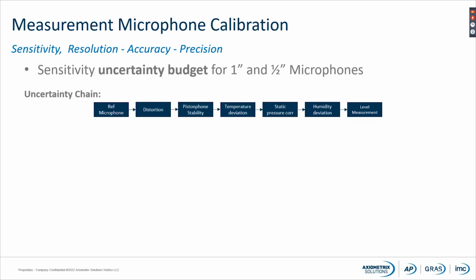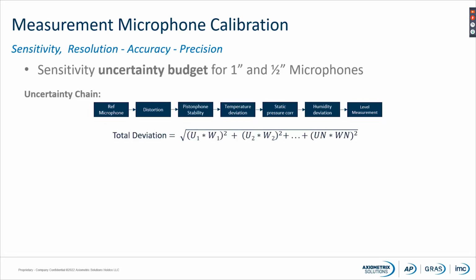We also have an uncertainty on the static pressure corrections. We have an uncertainty on the humidity, how much the humidity deviates. And then, of course, in the end we have uncertainty on the instrument, the voltmeter we are using for doing this measurement.